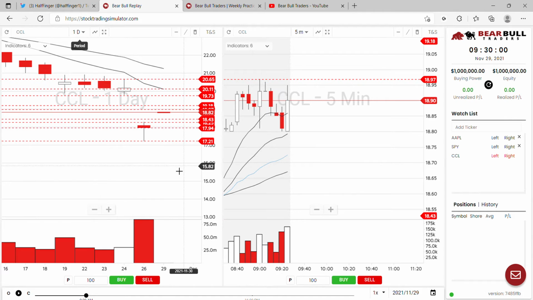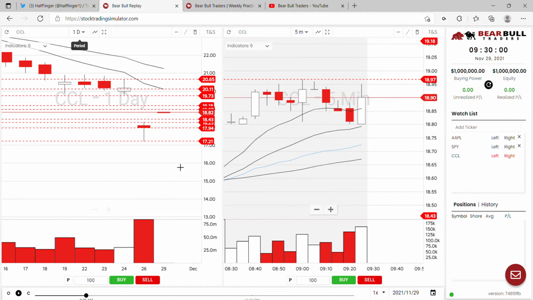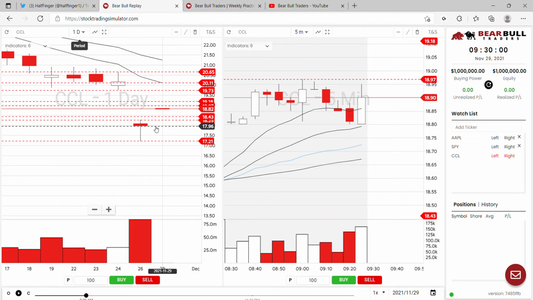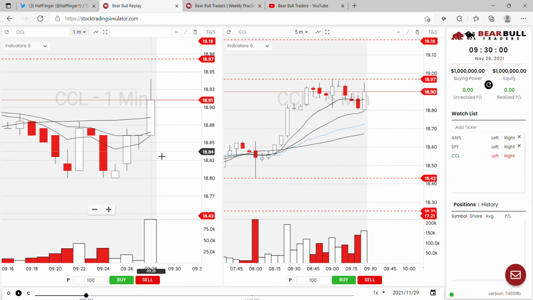Okay. So my observation is that CCL is gapping up from the previous day. It's above the VWAP, which is an important level for me when I trade the open. It's one of my most important indicators.